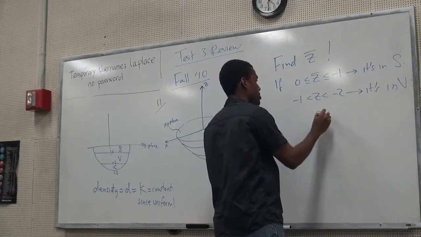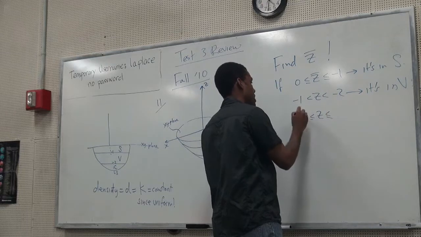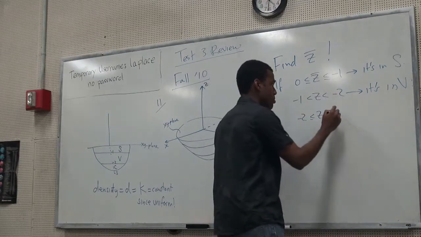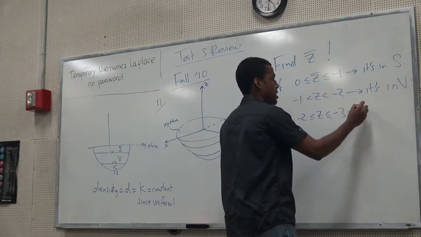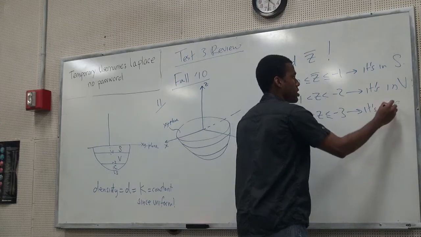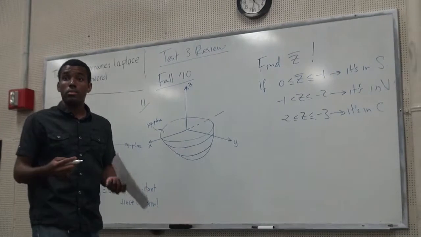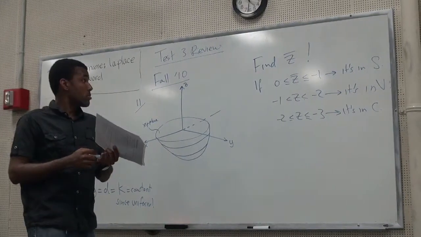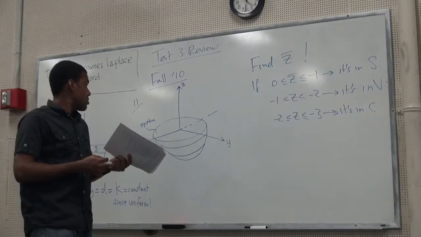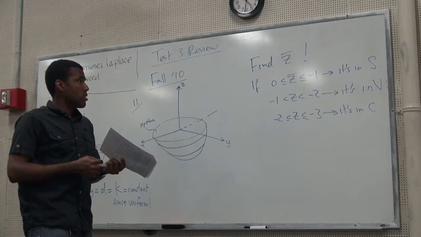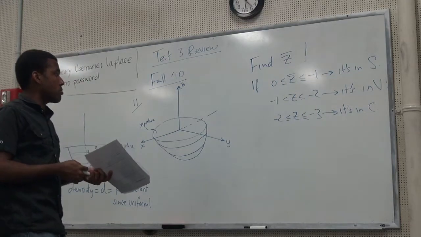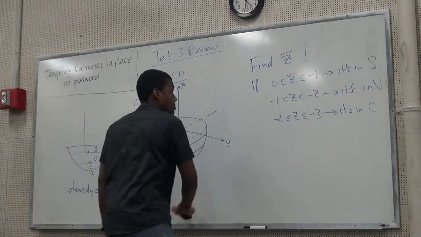And if your z is between -2 and -3, then it's in chocolate. The inequality can be less than or equal to, it doesn't matter. So basically that's all you have to do, find the z bar. Should it be -1 less than or equal to z bar less than or equal to 0? Yes, it's the other one.